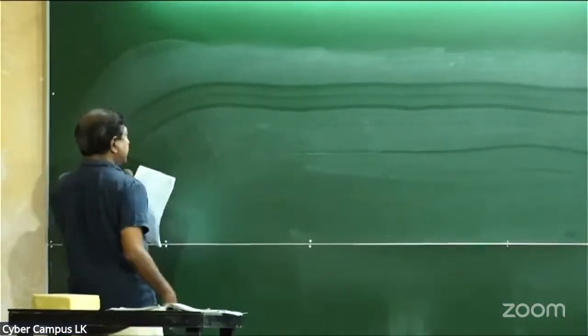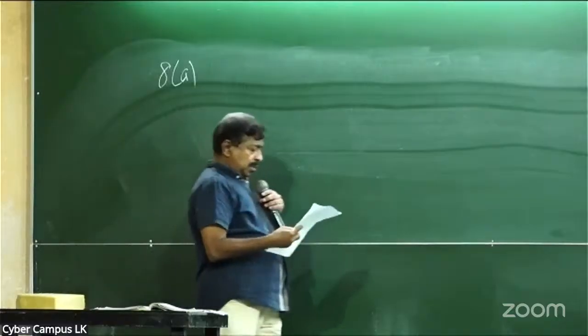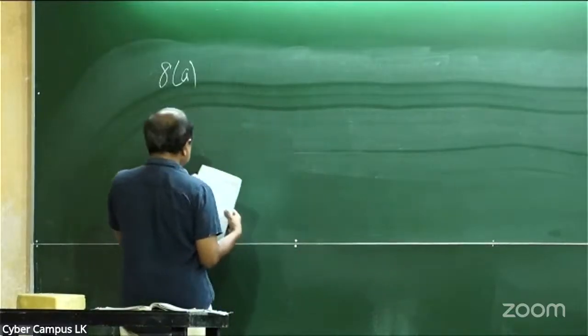Okay. First, in part A, we have to find sine 75.